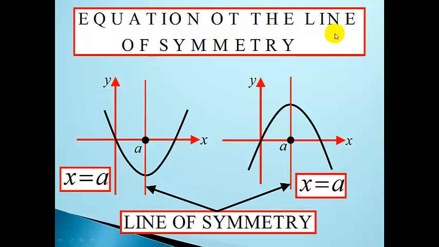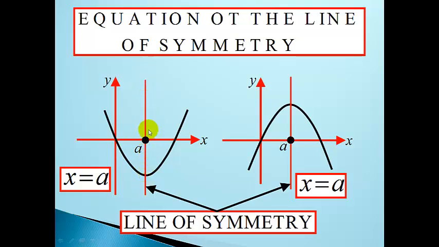Now we have the equation of the line of symmetry. The line of symmetry is a line that divides the curve into two equal halves. So this is the line of symmetry for this graph, the minimum graph, and this is the maximum graph, and this is the line of symmetry. Take note that the line of symmetry passes through the point a on the x-axis.